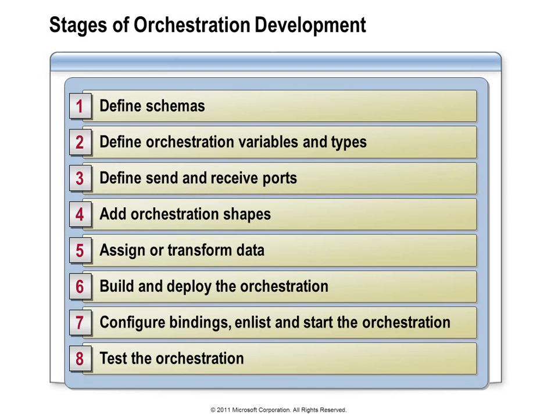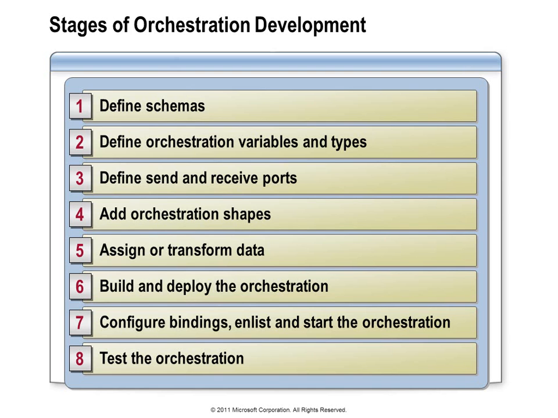They define entry and exit points, the points at which messages will enter your business process and when your business process will publish messages back to the BizTalk message box. And from there they can go to the outside world. After that, you will be ready to start adding shapes to the body of your orchestration. And this is where you start defining exactly what your business process is going to do.